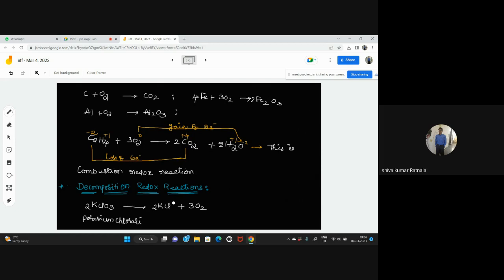All are required. Every atom you need to calculate the oxidation state, in the entire reaction. Now we can say clearly it is a decomposition reaction because one compound is splitting into two or more than two. Now I am asking whether it is a redox reaction or not.